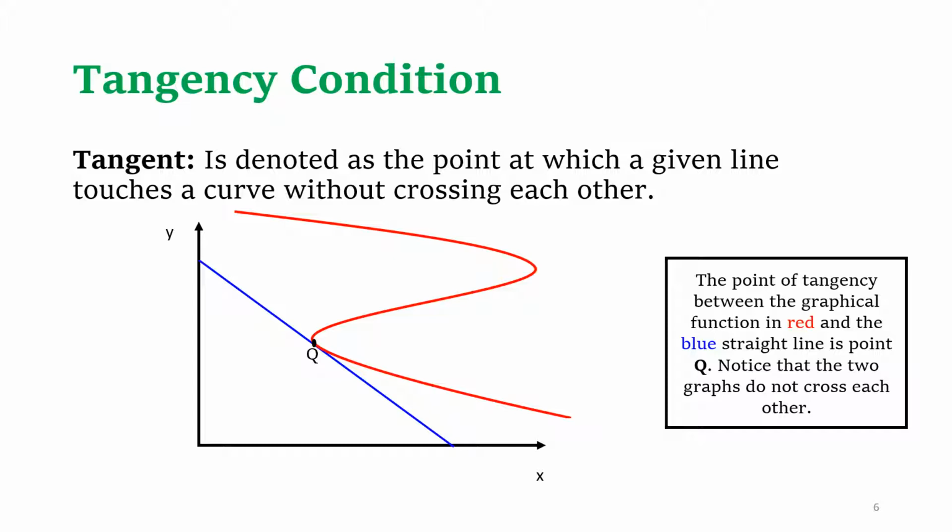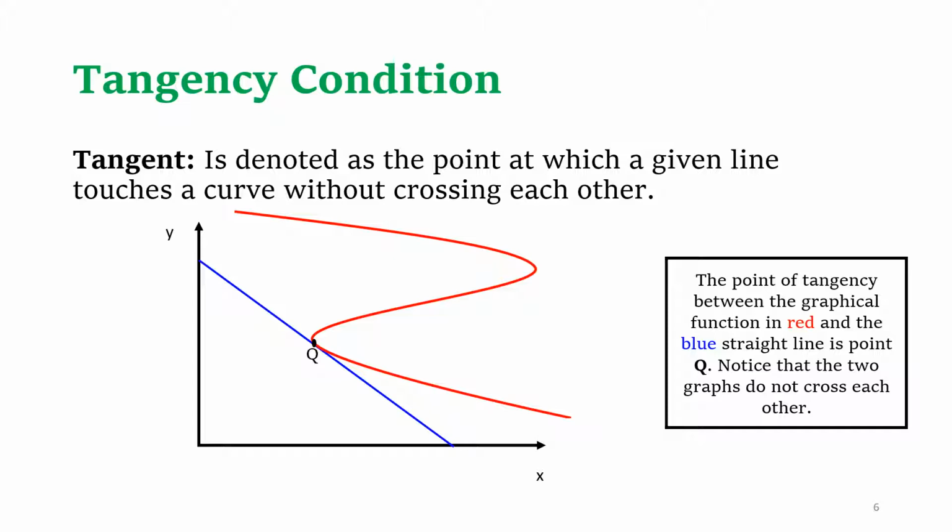If the red line crosses the blue line at point Q, then it is not a tangency condition because the graph crosses the line. So the red curve has to be tangential to the blue line.